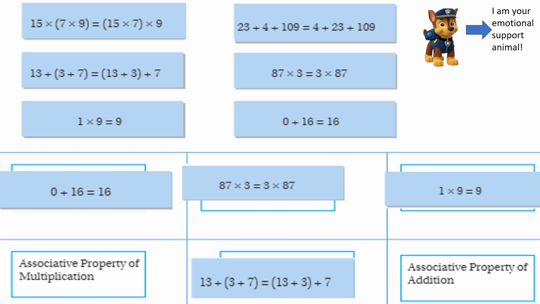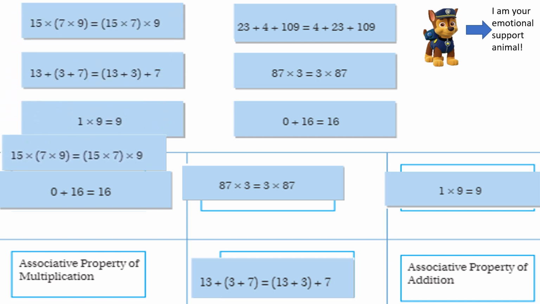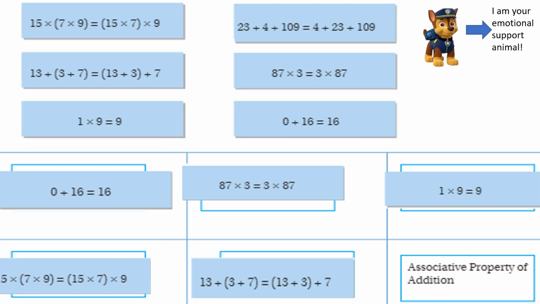The associative property makes it easier for your brain to comprehend stuff when you just move it around. So that goes to the associative property of multiplication.